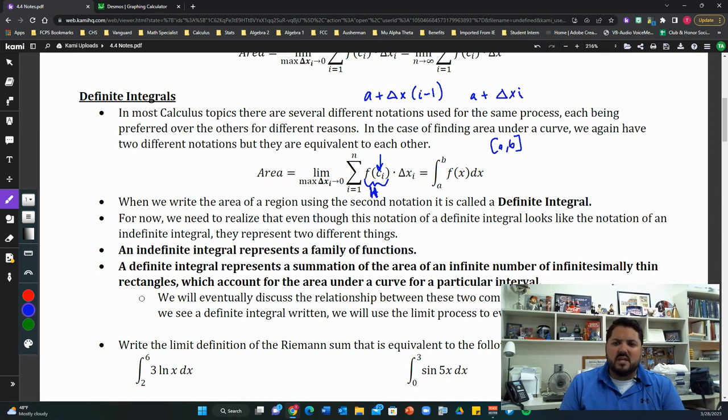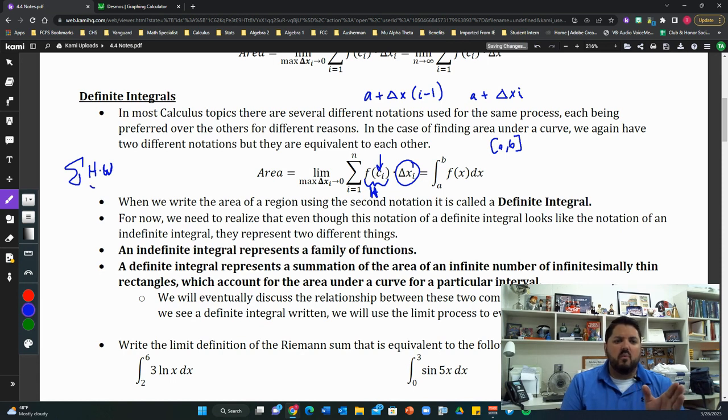And then this dx quantity, well, that kind of takes the place of delta x in Newton's notation. So dx is just another way of representing that change in x, or the width of each of those rectangles. So again, the whole idea behind our Riemann sums and our sigma notations is we're taking the sum of the area of each rectangle by taking the height and width of each one.